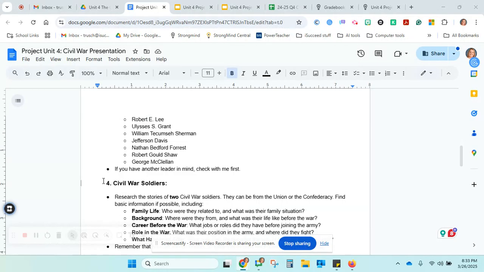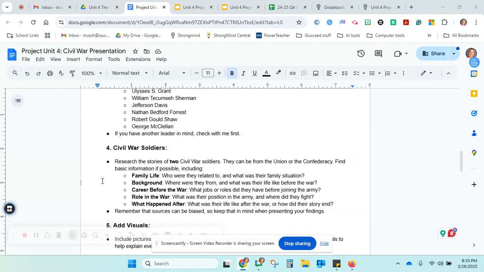And then for Civil War soldiers, I need you to research the stories of two Civil War soldiers. They can be from the Union or from the Confederacy, and find basic information if possible, including family life, background, career before the war, role in the war, and what happened after the war.